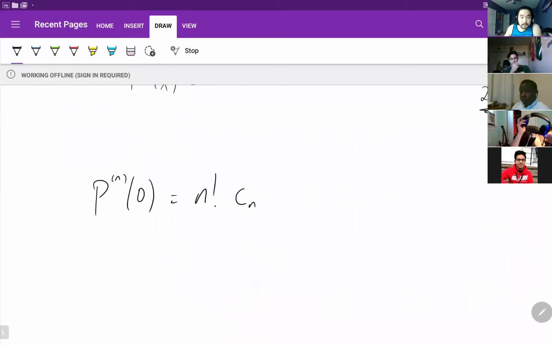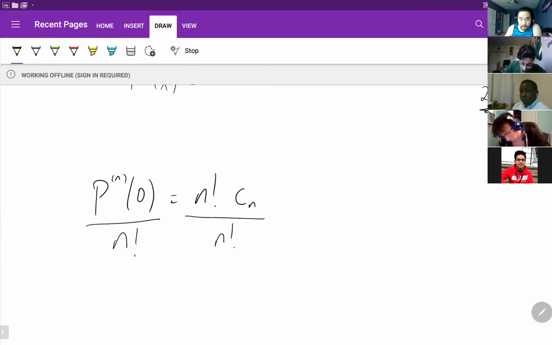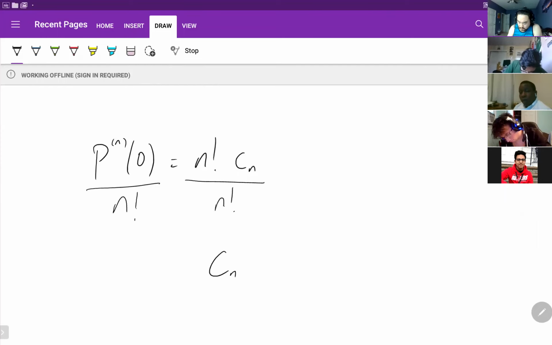If I just move some stuff around, and I do this move right here, do you see what I just did there? I can solve for my sequence. My sequence is going to be the nth derivative at 0 over n factorial.